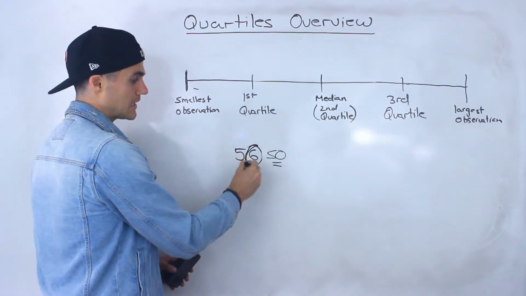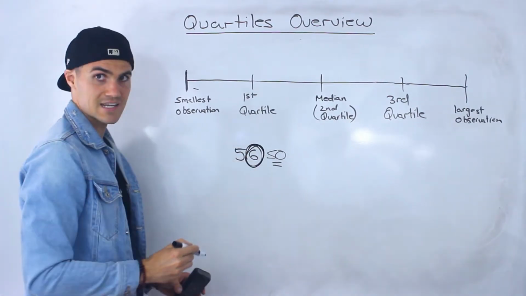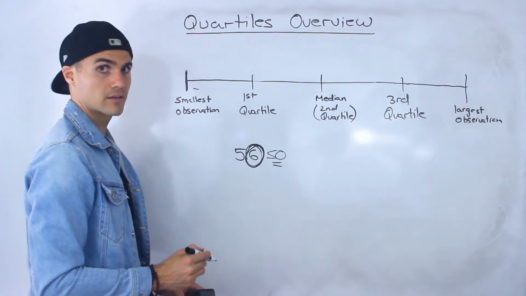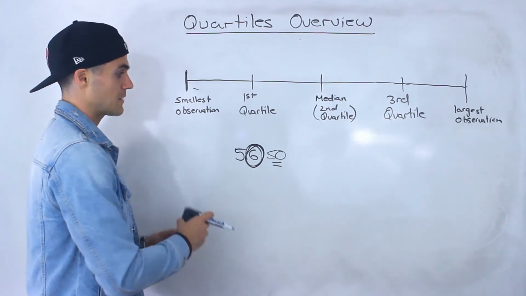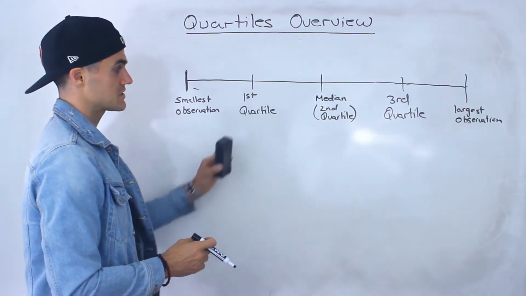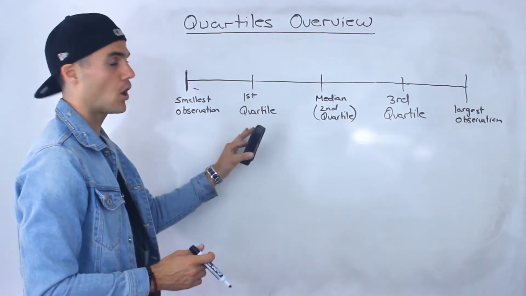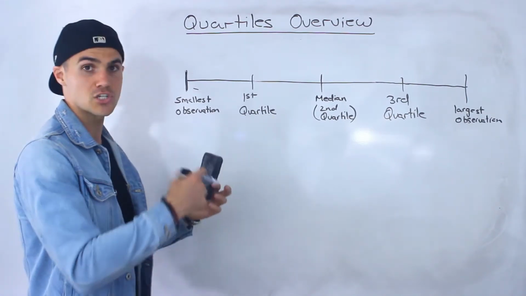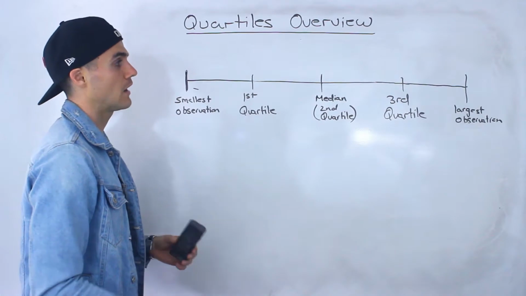Notice that the median isn't changing. That 6 is still the same value. So that's just an example of how the median is more resistant to outliers, and it's why the quartiles are more resistant to outliers. They're not going to change as much even with the presence of an outlier.